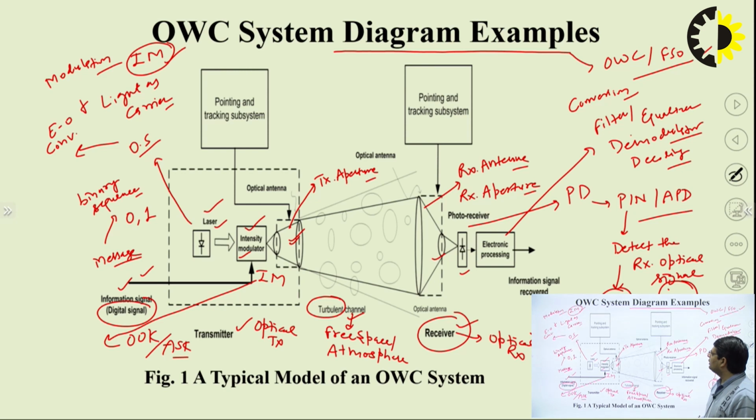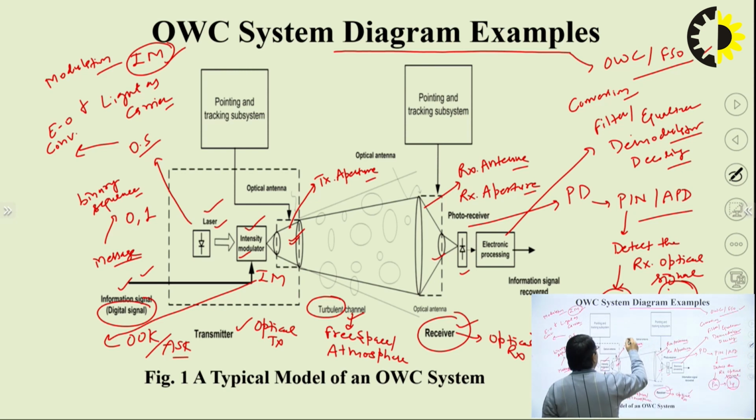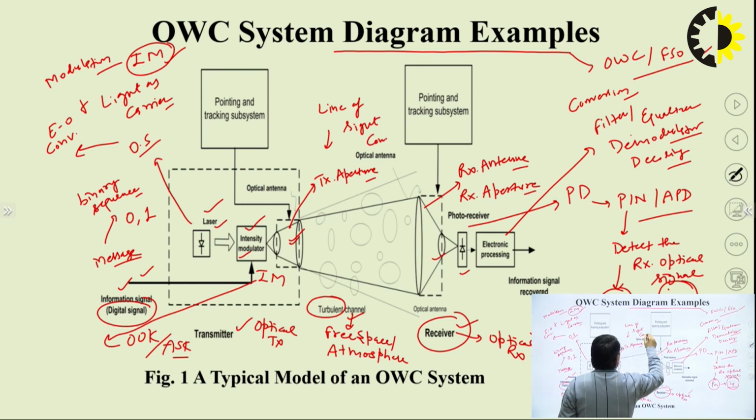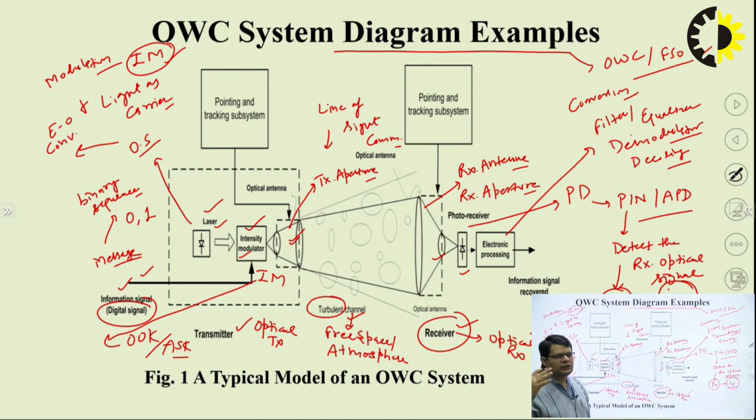So we can say that the general observation is that this free space communication system is preferably a line of sight communication. That is, the optical source must be properly aligned with the photodetector so that light transferred from the optical source may be captured by the photodiode or photodetector.